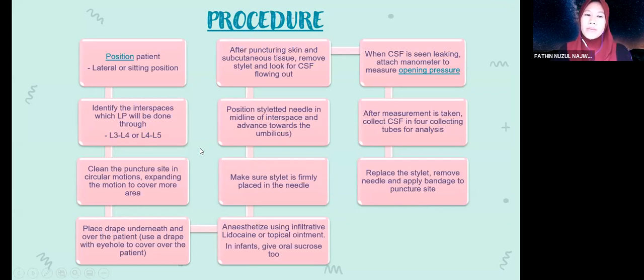And then we clean the puncture site in circular motion, expanding the motion to cover more area, including the above and below side, and also the crest. And then after cleaning, we place a drape underneath the patient and use a drape with eye hole over the patient to visualize the puncture site.